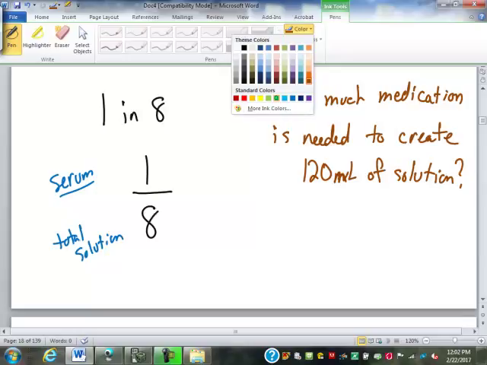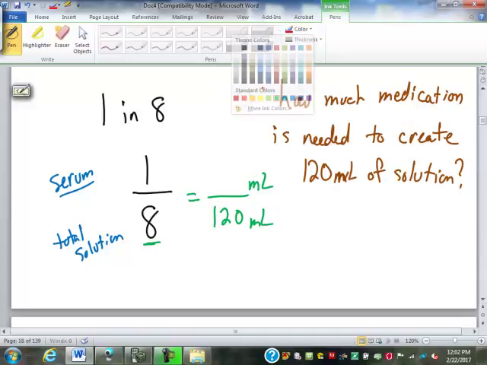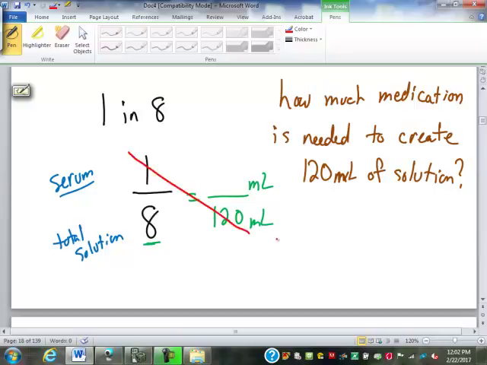Well, that 120 milliliters is of the total solution, so that goes with the total solution. That would be the 8 on the bottom. Now I'm going to put my units in there. That's 120 milliliters. What that means, remember, in a ratio, both numbers must have the same units, so the top number must also be in milliliters. And now, just like we did with our percents, we can cross multiply. 1 times 120 is 120.